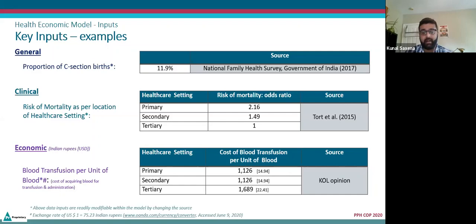The cost of blood transfusion in a tertiary healthcare setting was around 1,600 Indian rupees, and in US dollars, it was found to be around $22.41. Since we could not find this data in a government record or published literature, we used the help of Indian KOLs in this case.